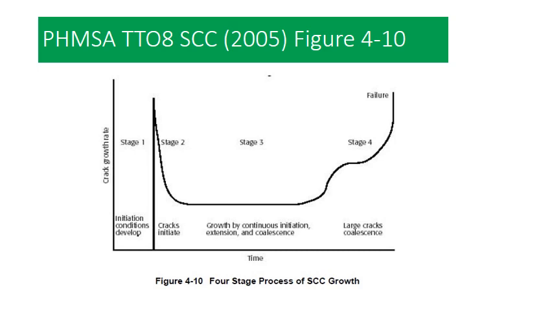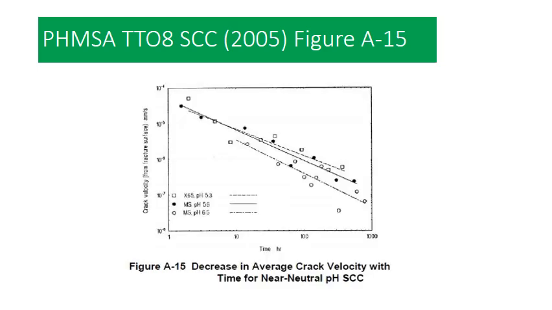As the cracks grow, they will slow down. And then as they get deeper and deeper, they're going to get higher and higher crack velocities until they ultimately have failure. This has been demonstrated in various ways by different people. And if we look at how crack velocity is changing as the crack grows, we'll see that it decreases.